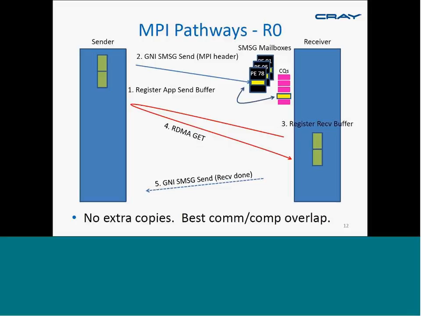So you saw in the E1 case that a copy was done to an MPI buffer. Here the sender is sending so much data that there is not enough space in the MPI buffers to buffer it. So what's going to happen is the sender's memory region is registered, and the receiver can issue an RDMA get to actually pull the data in.